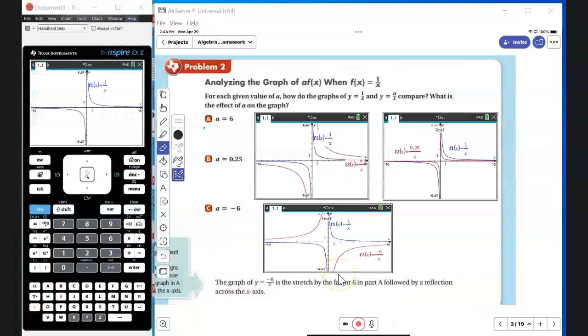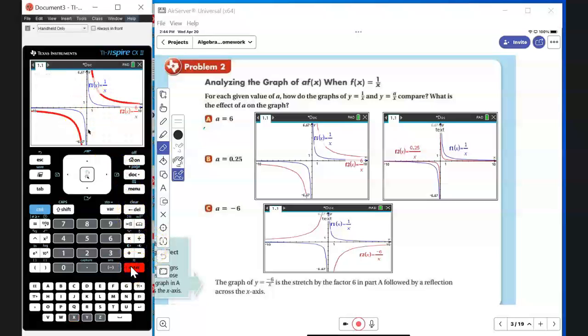For problem 2, we are working with transformations, and we're going to analyze the parent function. It says for each given value of a, how does the graph y equals 1 over x, which is the parent function, compare to y equals a over x. And I'm going to go ahead and type in 6 divided by x. So we notice that the value of 6 is larger than 1, and you want to think of the blue as like a rubber band.